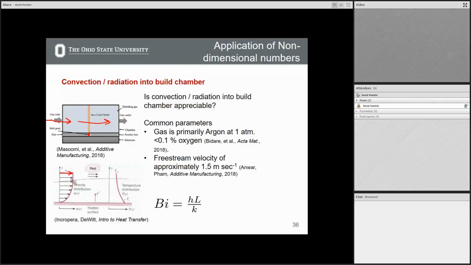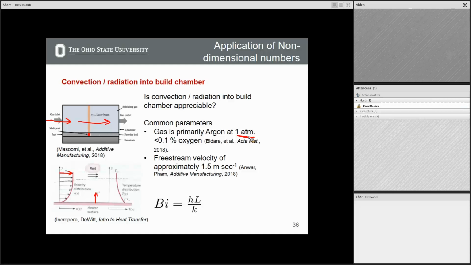velocity profile. So you have a free stream velocity, and then you're looking at, all right, is there appreciable loss of heat via convection at this top surface? Is that something we want to consider when considering boundary conditions of our domain? Okay. So the gas is primarily argon. Very common, it's 1 atmosphere, so it's not under vacuum, not under pressure, just normal atmospheric pressure.